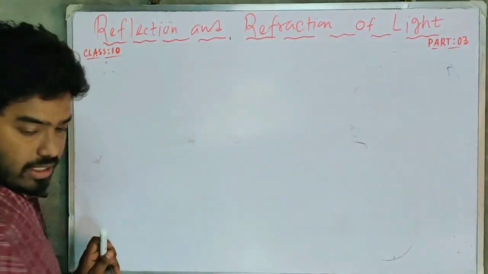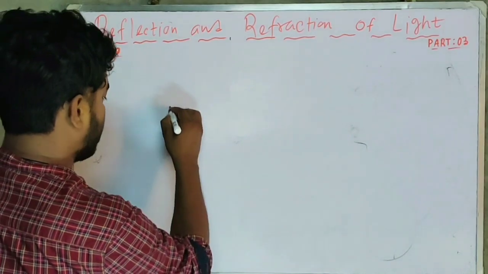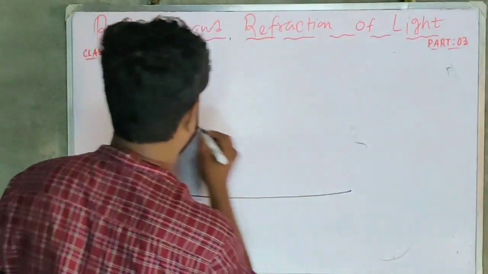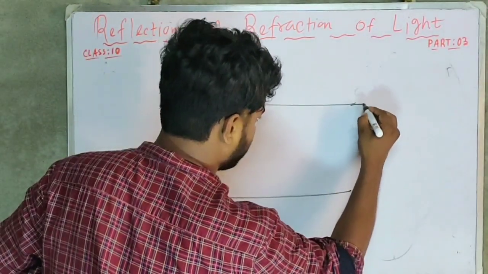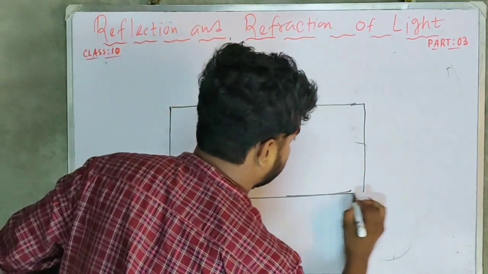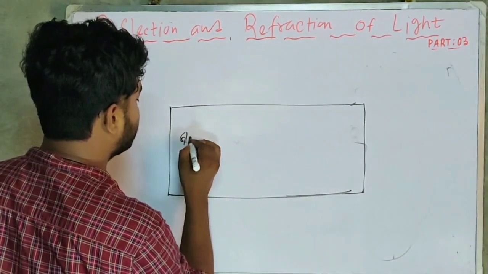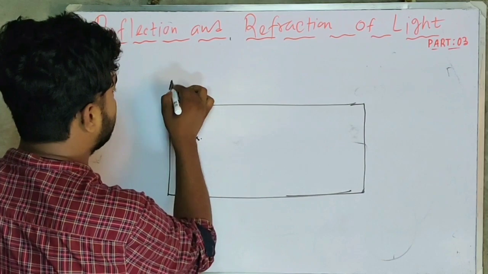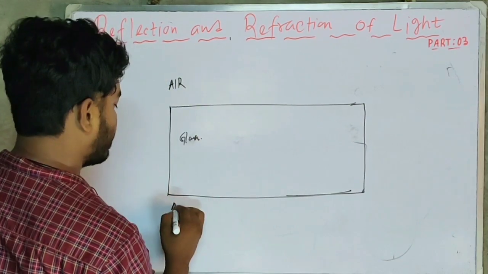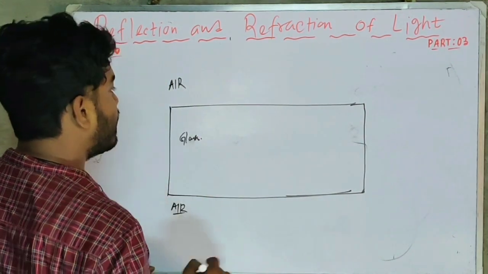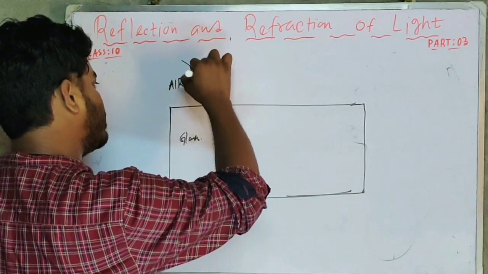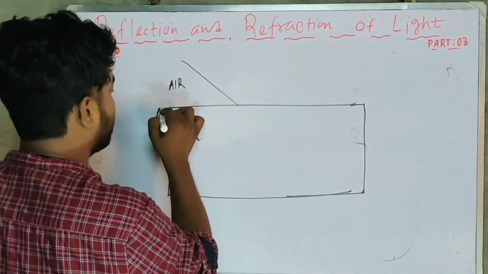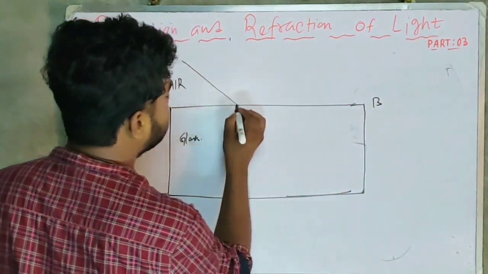Suppose we consider a glass slab. This is the glass slab, glass, outside medium air, and there is also medium air. Now a ray of light is incident like this at the surface AB.